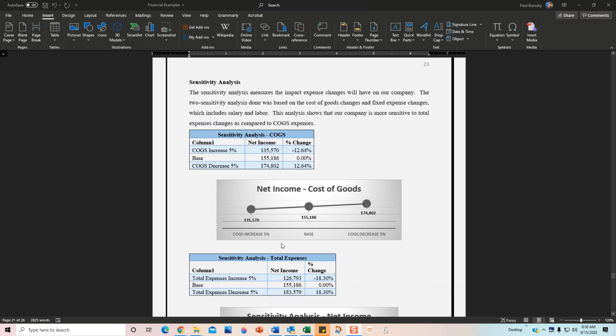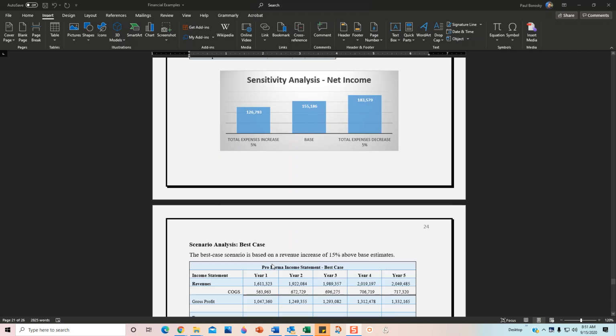Once you identify which cost is going to be most impactful to your organization, you can build strategies to attempt to mitigate the losses and also exploit gains in that particular area. But in order to do that, you need to know if you need to focus more on your cost of goods or your expenses and operations.